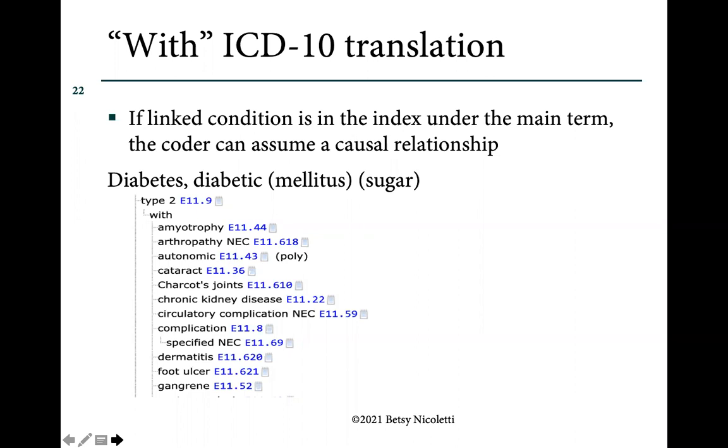The other thing I want to say about IMO is something I know you know, is that initially IMO thought it would be helpful if they used a lot of synonyms. So instead of just putting down diabetes type 2 without complications for E11.9, they used words like controlled, they used a lot of synonyms for it.